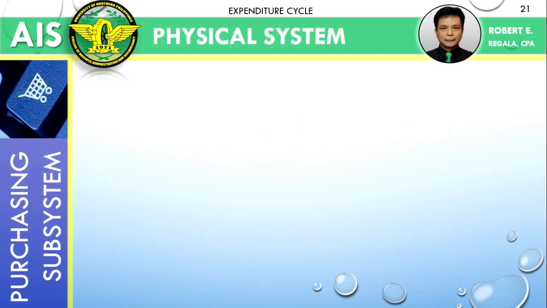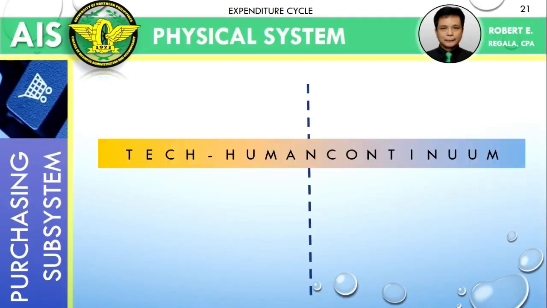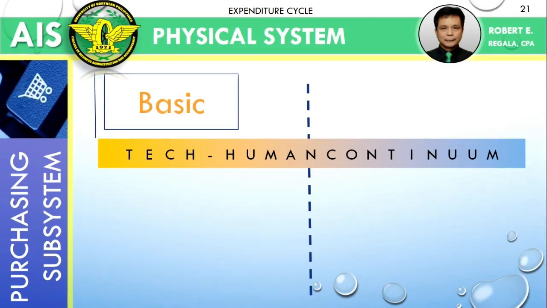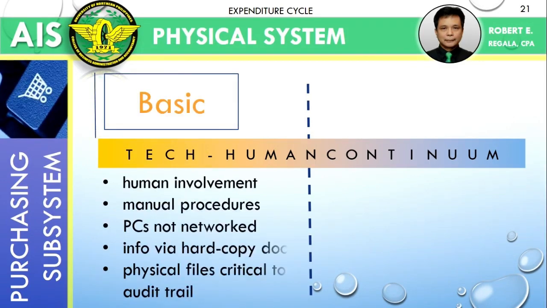The physical system. Physical accounting information systems are combinations of computer technology and human activity. The mix of possible technology-human options creates a continuum. At one end are minimal technology systems that rely heavily on human involvement and manual procedures.